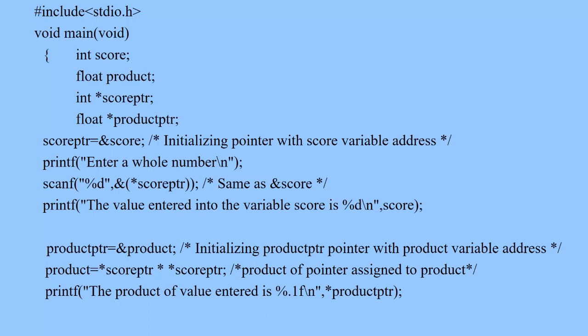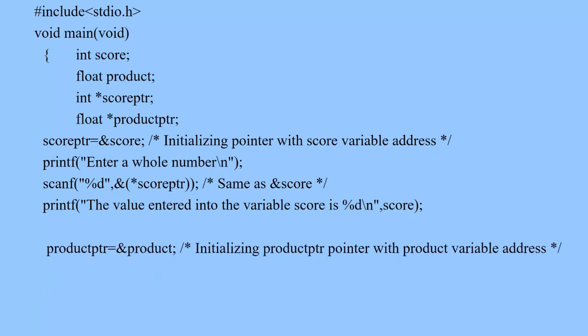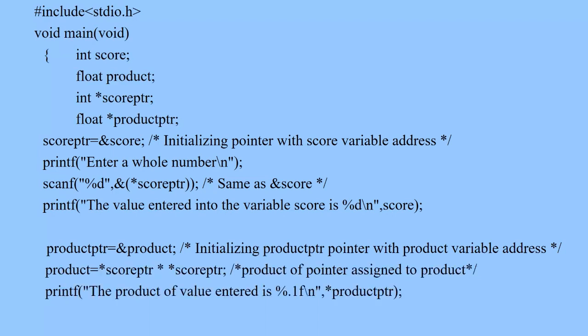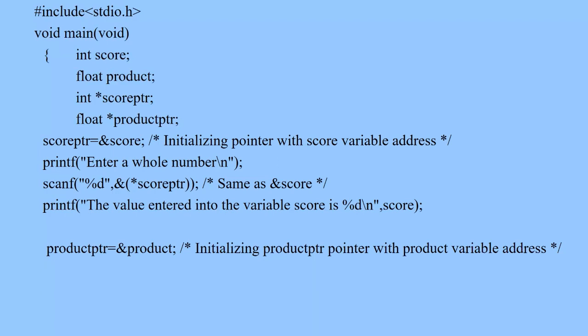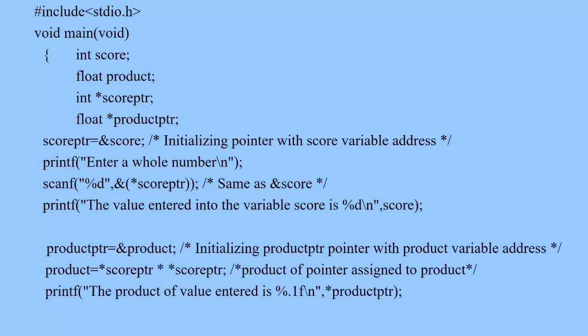So what will it display for now? Remember, in this statement here, we have initialized product pointer with the product variable address. And therefore, our product pointer will output the value which is stored in the memory location called product. Why? Because product pointer points to the memory location of the variable called product. And that becomes the end of our program.